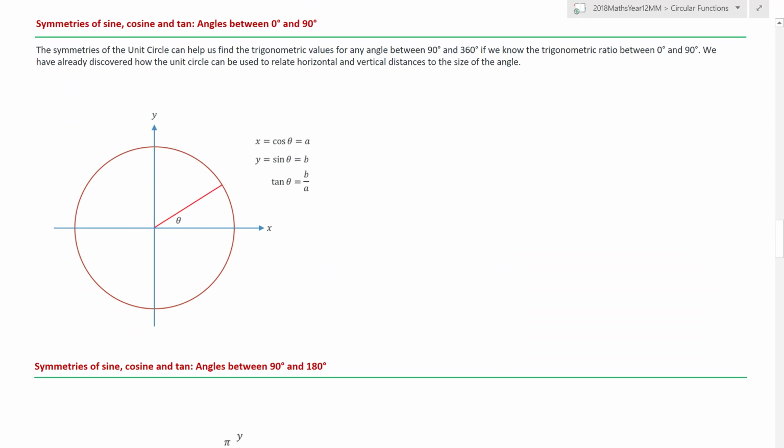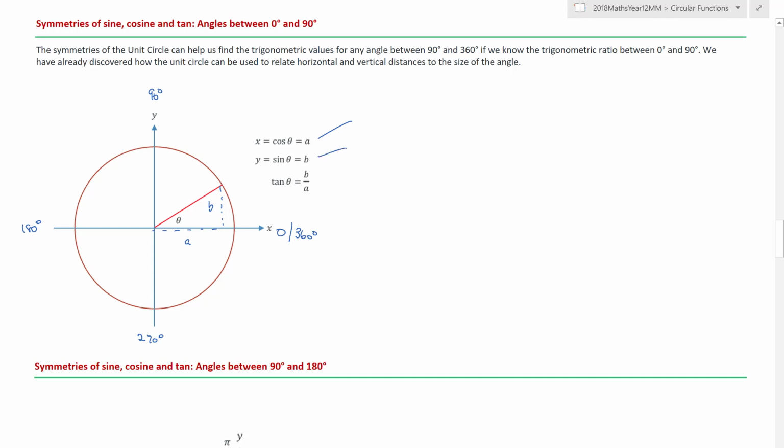Well, okay. So first things first, there is 0, there is 90, there is 180, there is 270, and there is 360. Now notice that 0 and 360 actually share each other. That's quite important. So what I'm now going to do is say that my x values are now going to be called A, and my y value is going to be called B. So rather than x and y, I'm just going to call them A and B. And as we've done before, we know that x is equal to the cosine.